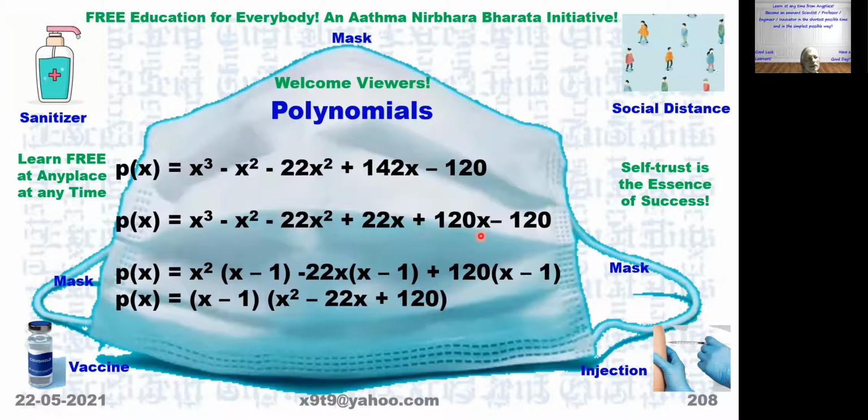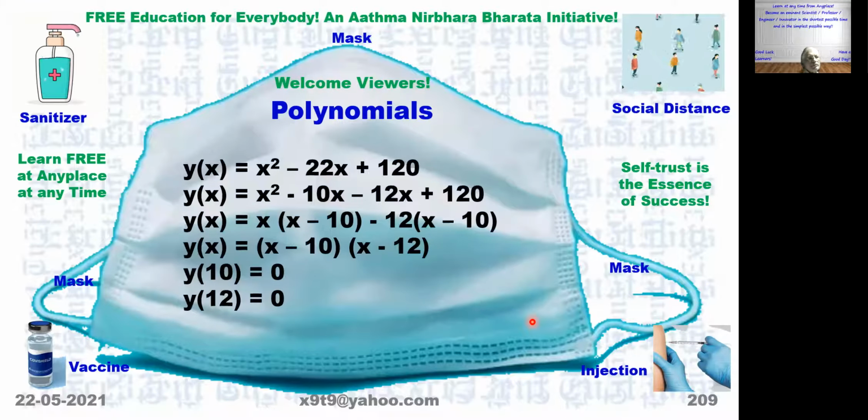Plus here we take 120 as common factor and we get x minus 1. So this x minus 1, x minus 1, x minus 1 is the common factor in the three terms. Taking x minus 1 common factor, we get x square minus 22x plus 120.